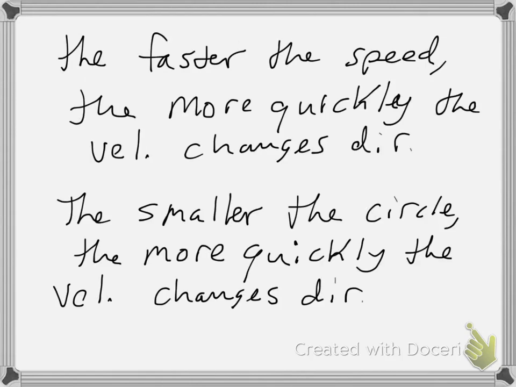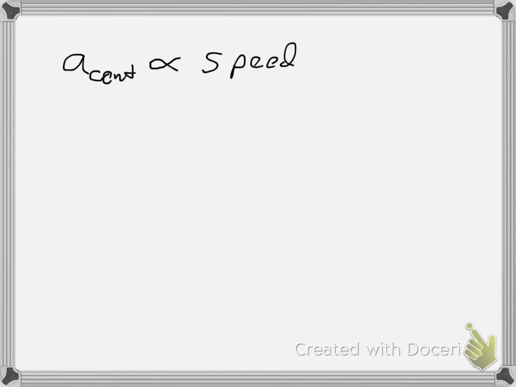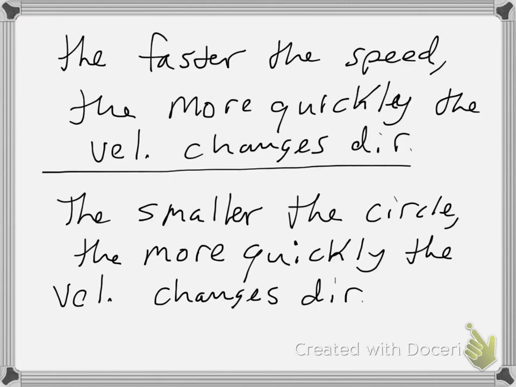from just this statement here: the faster the speed, the more quickly the velocity changes, or the direction changes. What actually occurs here is that this goes as the square of the speed. We won't go through the mathematical analysis to show that, but this statement still agrees with this statement, right?